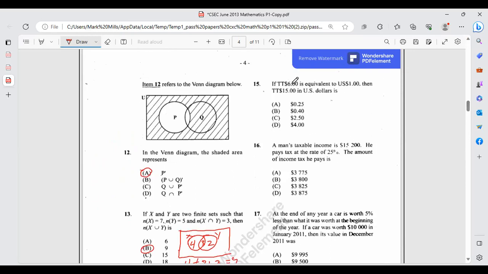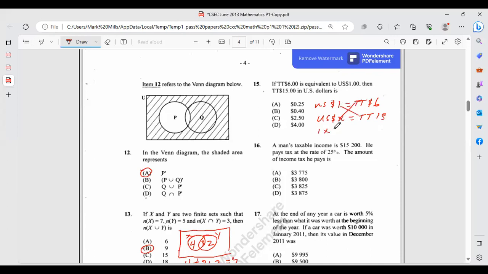Okay. $36 is equivalent to $1 US. So US $1 will give me $36. Then they say that US $x will give me $15. What we do here is cross multiply.